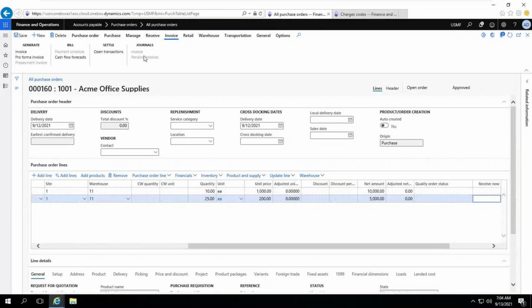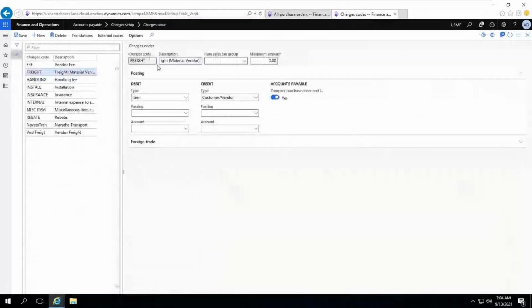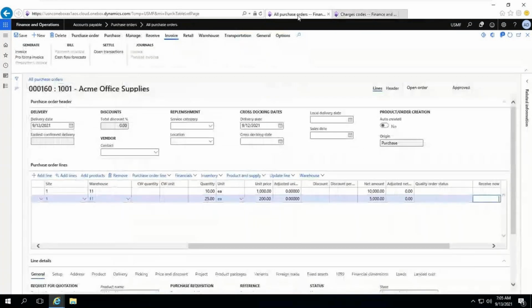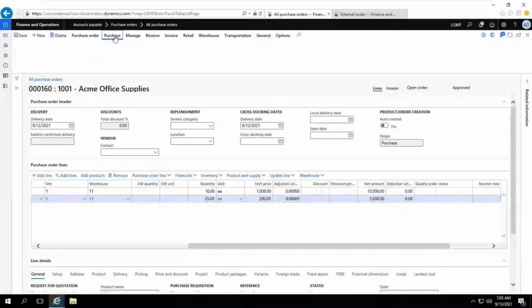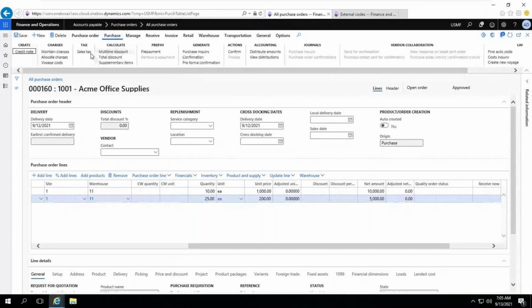Now I am updating charges. In the charge codes, first I am showing you freight. The material vendor is going to arrange this freight charge. So I need to go to the purchase tab and enter the charges, maintain charges.